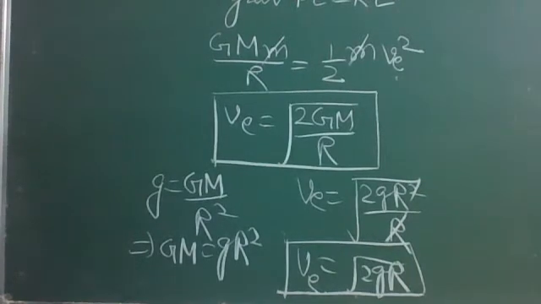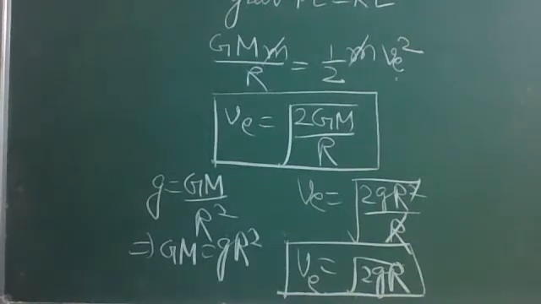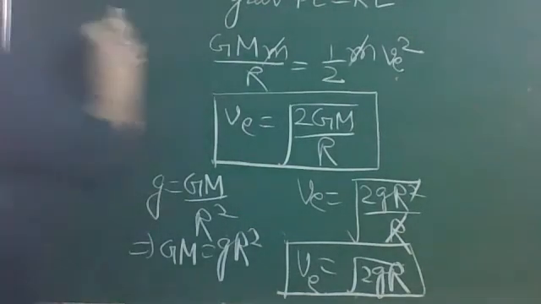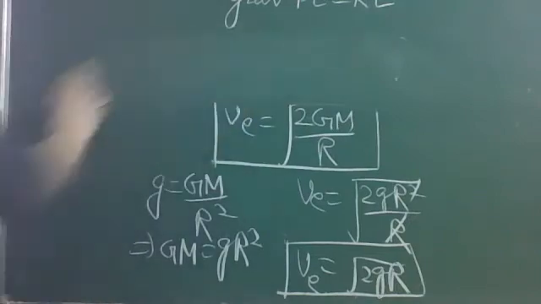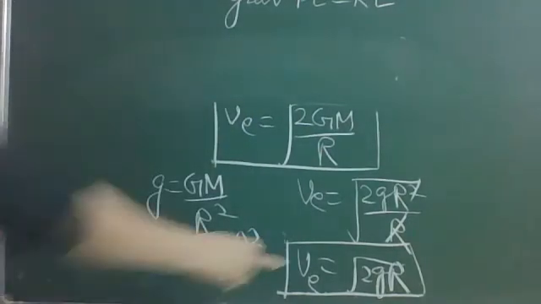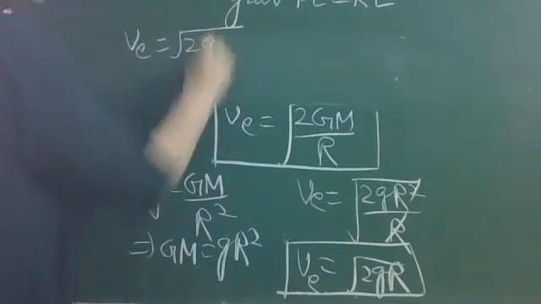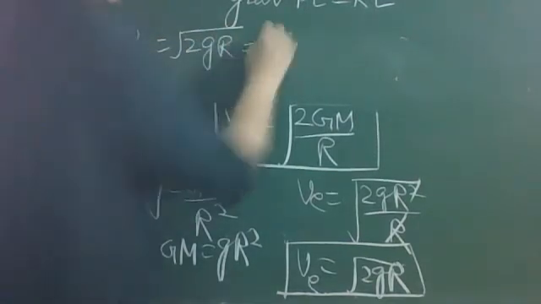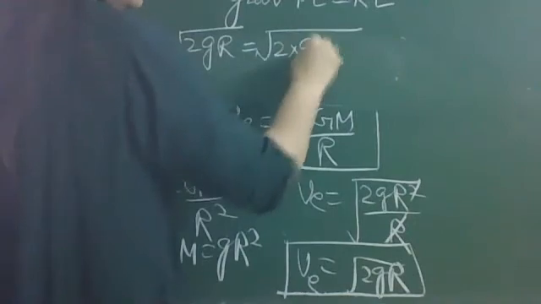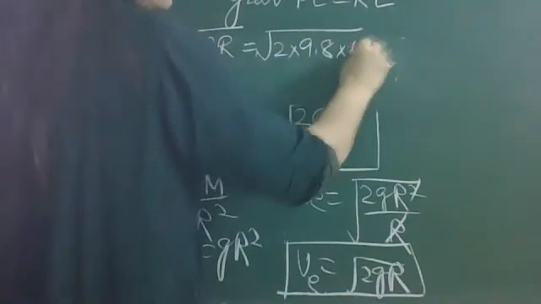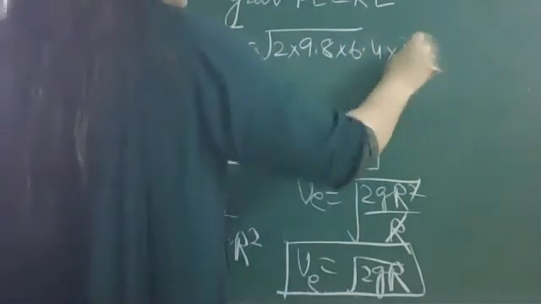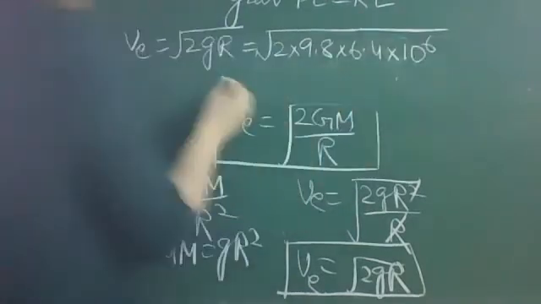Now we are going to calculate its value for planet Earth. Let us put the values in this formula. It will be very easy. Under root 2gR, we know g is 9.8 and the radius of Earth is 6400 kilometer or 6.4 into 10 raised to power 6 meter.